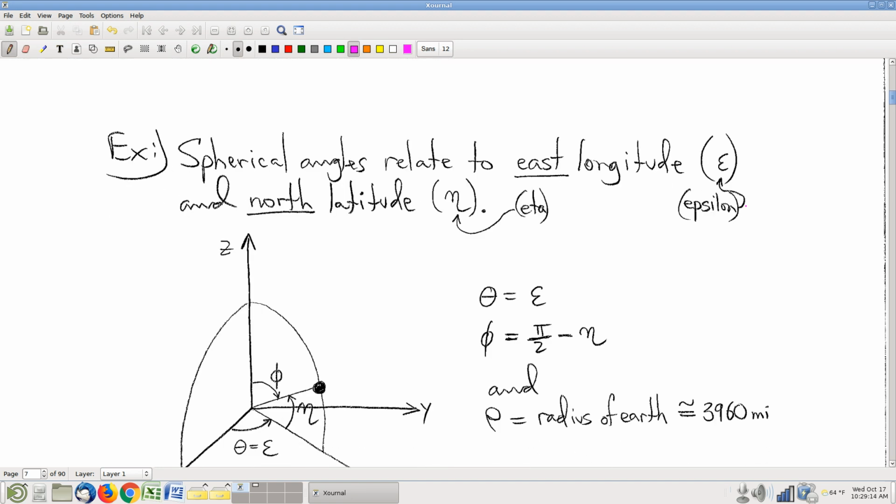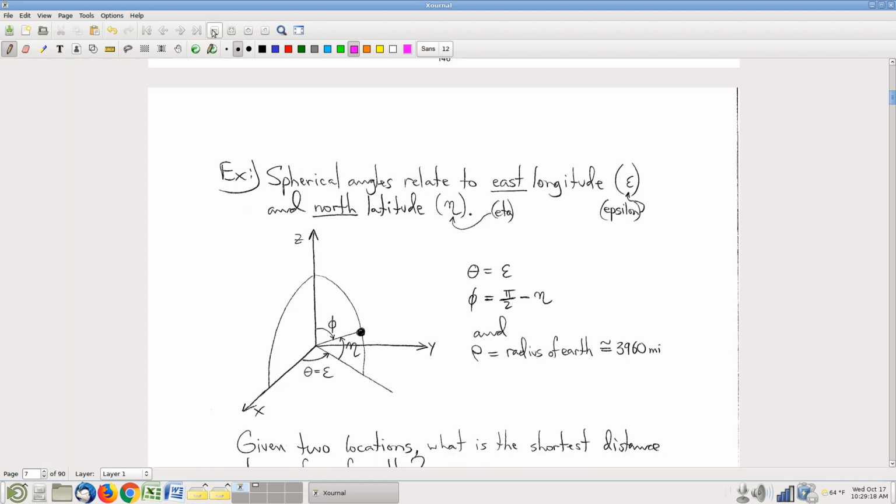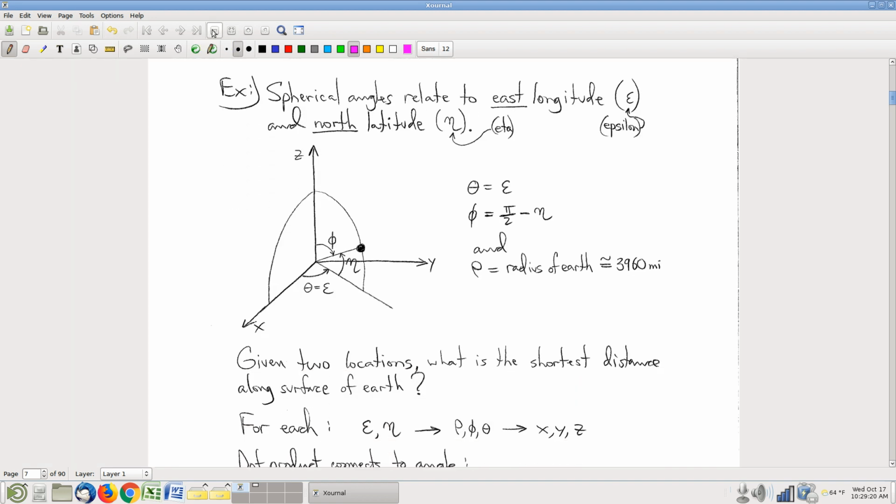Now, I'm going to be quick with this page here. This is not in the book, and this is just kind of a cute observation, but these angles, theta and phi, defined on the previous page, are not that terribly different from longitude and latitude on the surface of the Earth, if you think about it, right?